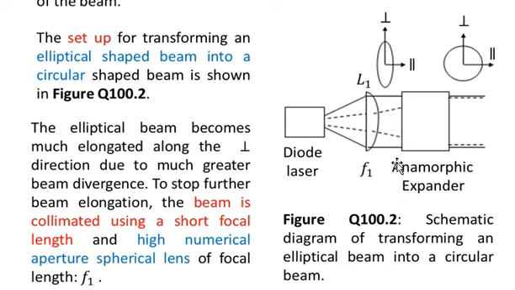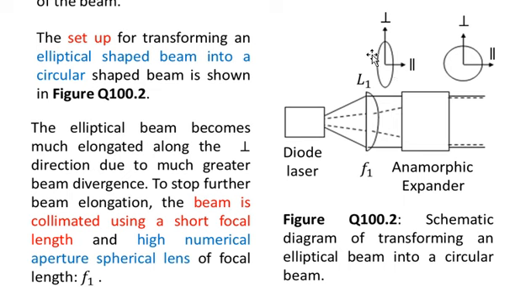These two beams now have the same diameter and will pass through the anamorphic expander. The anamorphic expander will make the diameter of the two beams equal to each other. So the horizontal beam and the vertical beam have the same diameter at the exit of the anamorphic expander.